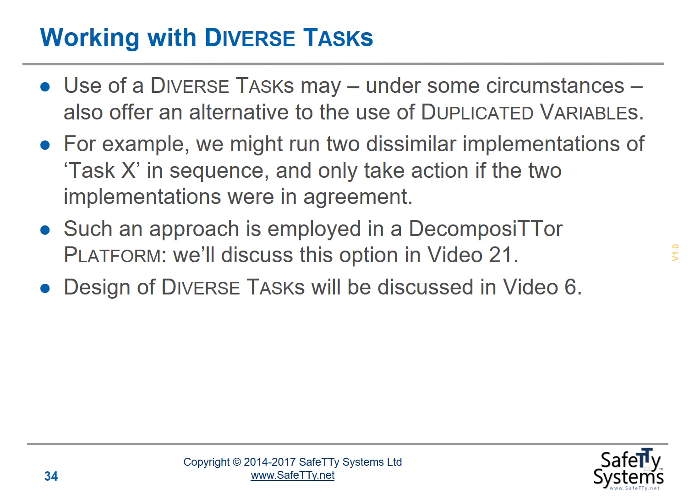We run task X1 followed by task X2, using different algorithms in each version of task X, and we only lower the undercarriage in our aircraft if the two implementations agree. We use such an approach in a decompositor platform. We'll discuss this option in video 21. We'll talk about the design of diverse tasks in video 6. Again, you'll find a definition of diverse tasks in Appendix 1 of the ERES2 book.